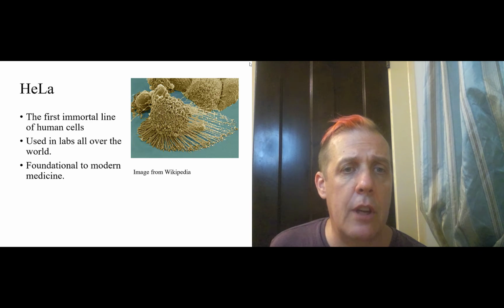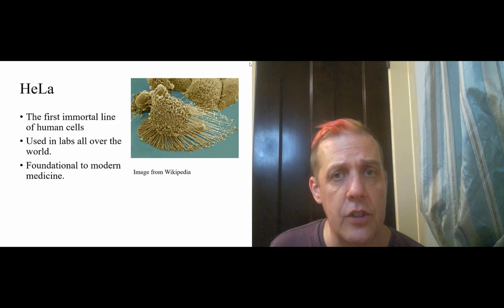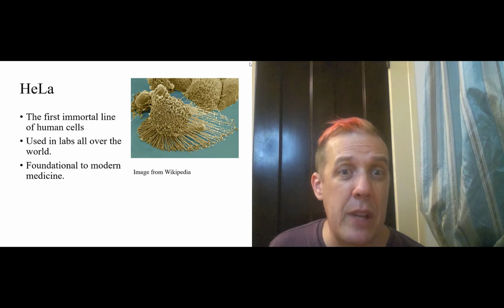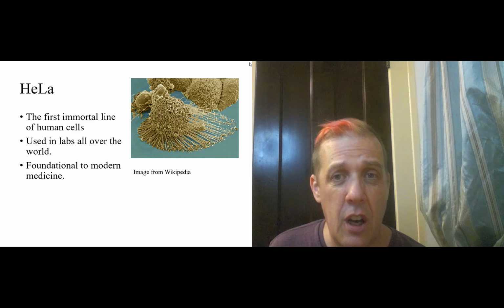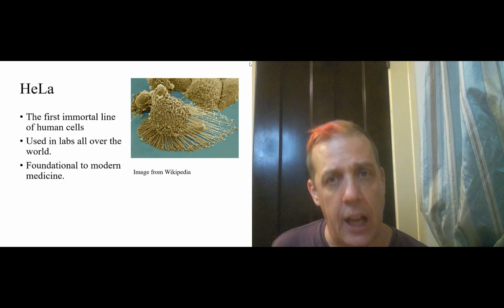And once you have a standard lab sample, you can use it for all sorts of science. So right away it was used to test the polio vaccine. It's probably right now being used to test coronavirus vaccines. It's used to test everything. It's just sort of your standard human cell.